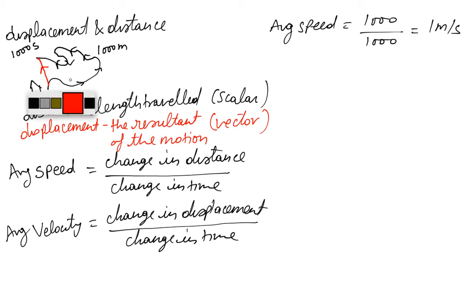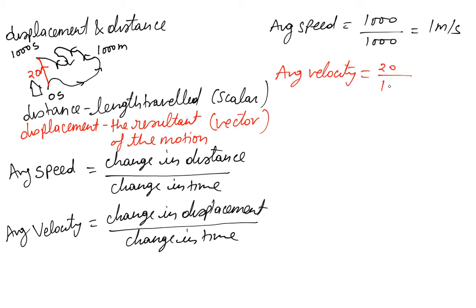And let's say this displacement is 20 meters. Then what is going to be the average velocity? Well, the average velocity will be 20 divided by 1000, which is 0.02 meters per second.